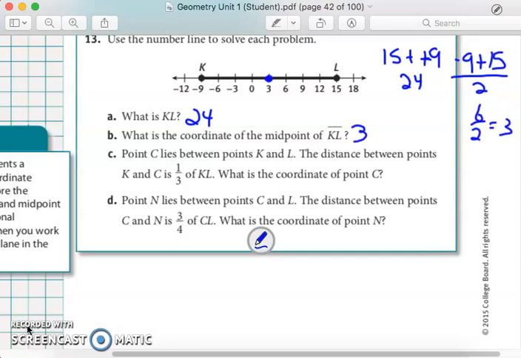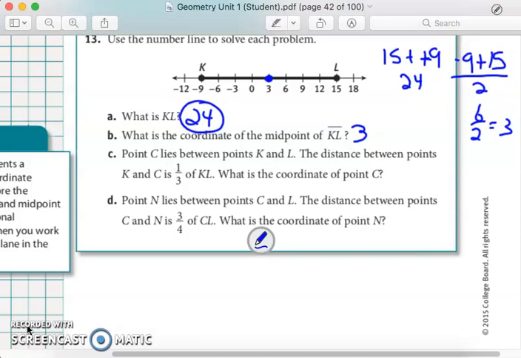All right, now C is a little bit tougher, a little bit more challenging. So it says point C lies between points K and L. So point C is somewhere in between those points, and the distance between K and C is 1/3 of KL. So however long KL is, the distance from K to C is only 1/3 as long. So let's think then, how far is it from K to L? Remember, it was 24, right?